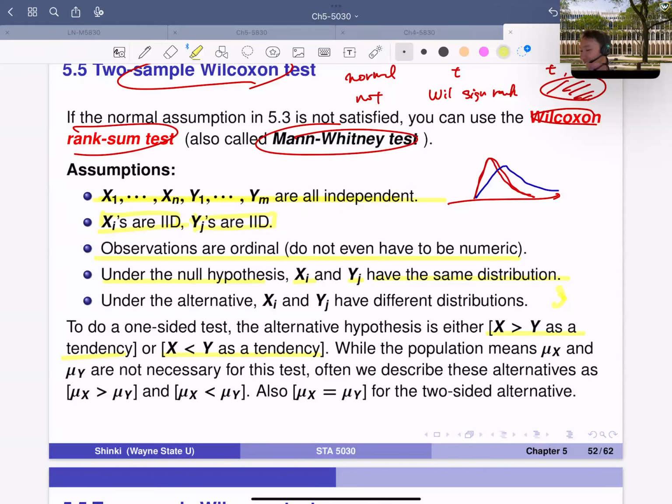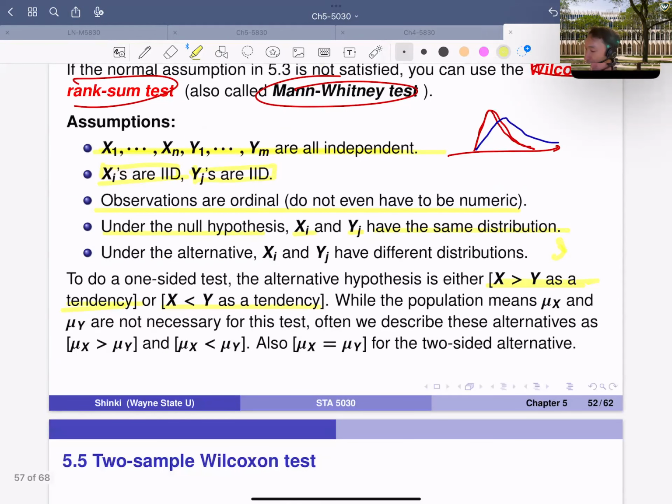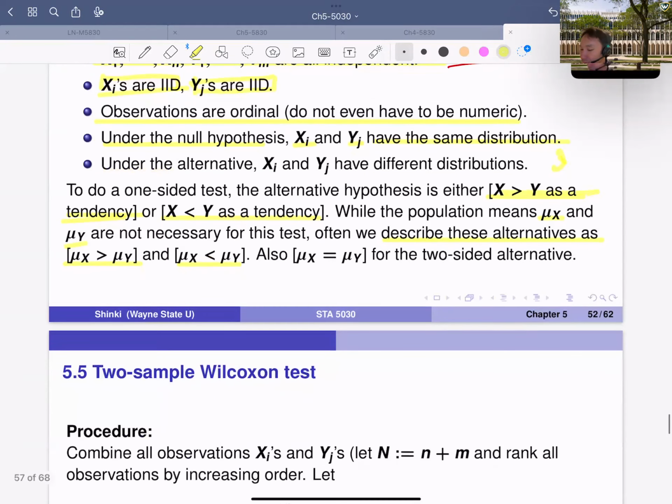But this distribution may not even have a mean, so we can only say the alternative hypothesis is that X is larger than Y as a tendency. Even population means may not exist, but often we describe this alternative as mu X is larger than mu Y or mu X is smaller than mu Y. I think these descriptions are not really accurate mathematically, but conventionally we use these expressions as alternative hypotheses.